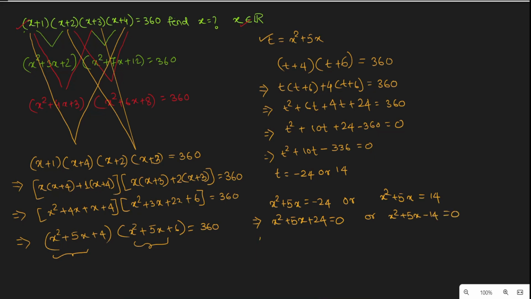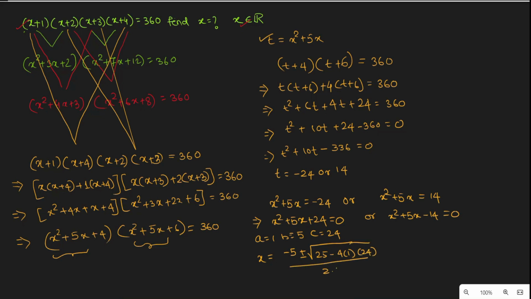In the first case, a is equal to 1, b is equal to 5 and c is equal to 24. Let us solve this equation for x. x is equal to −b, that is −5, ± √(b² = 25 − 4ac, that is 4 × 1 × 24) divided by 2a.